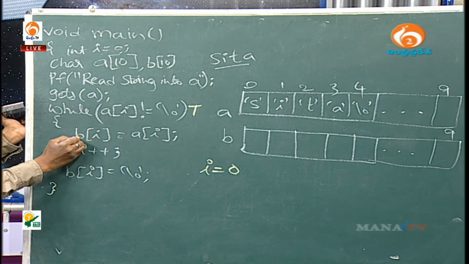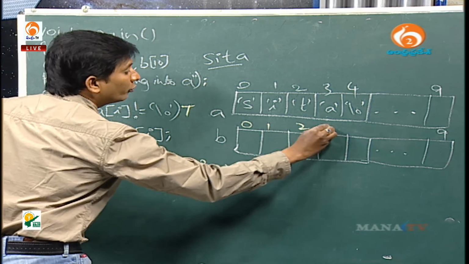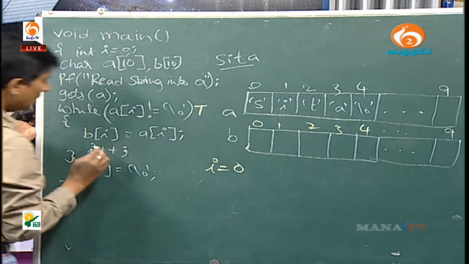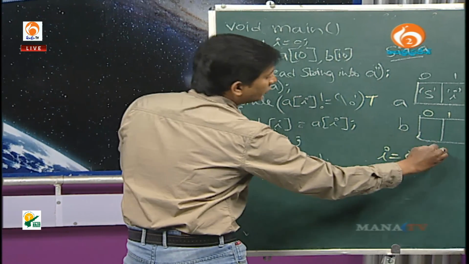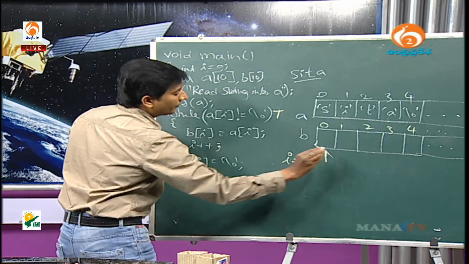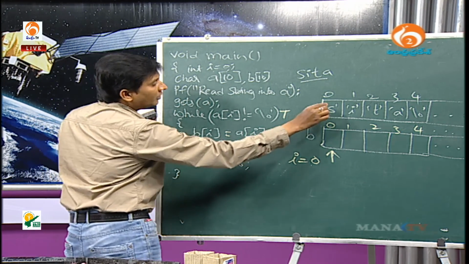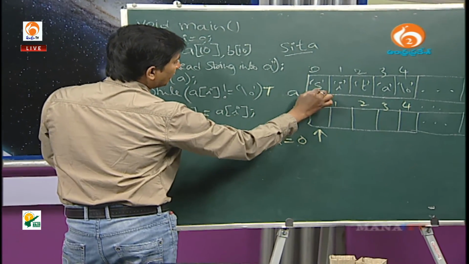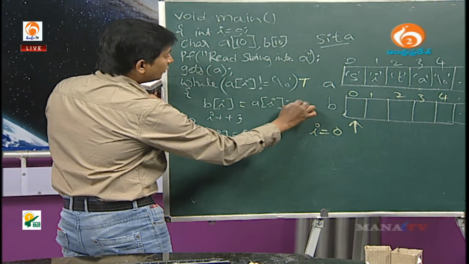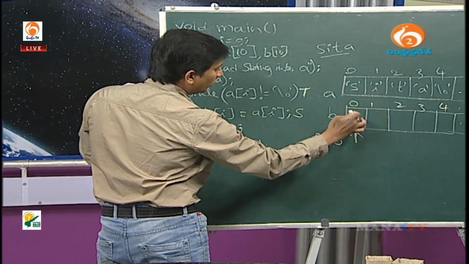B of I means B of 0, and B of 0 equal to A of I. A of I means A of 0, that is S. S is stored into B of 0.